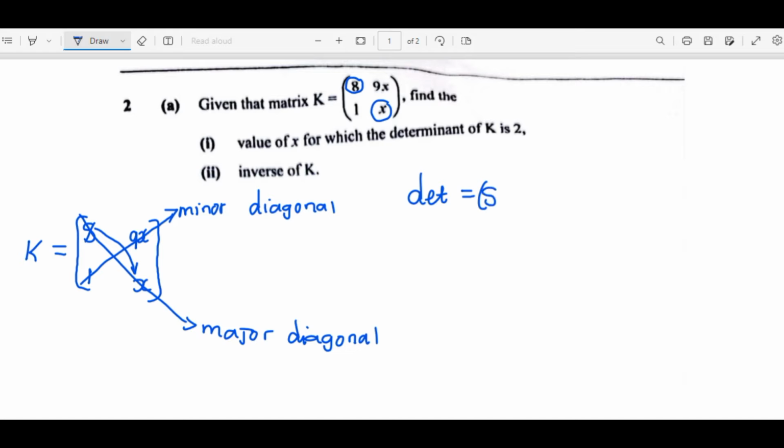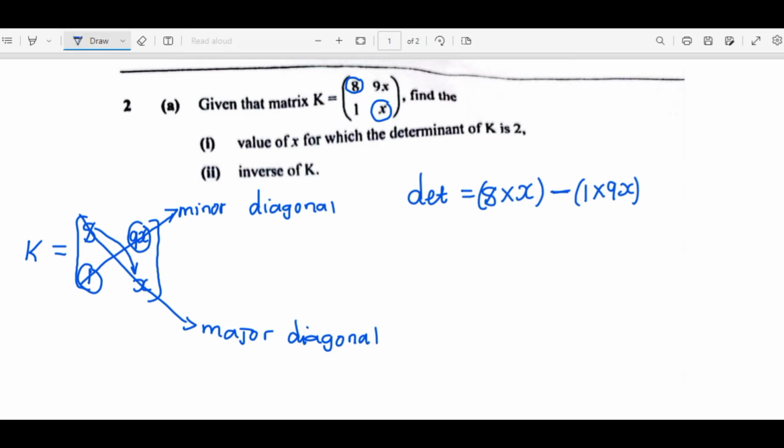So you say 8 times x, you close the brackets, minus, always you subtract, open brackets. So we are going to multiply 1, from the minor diagonal, by 9x from the minor diagonal. So it's 1 times 9x. That is your first step.